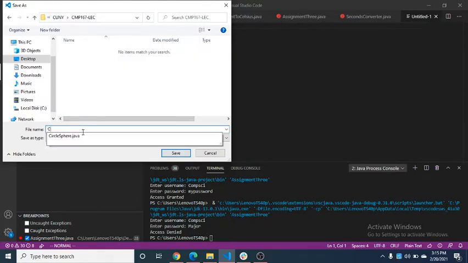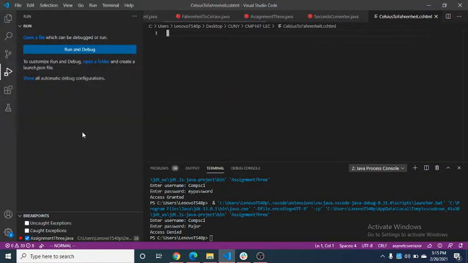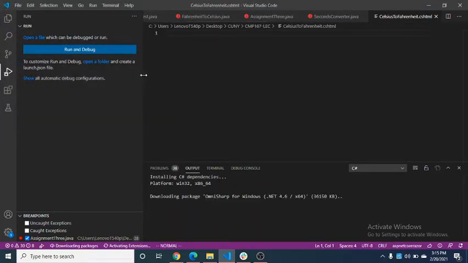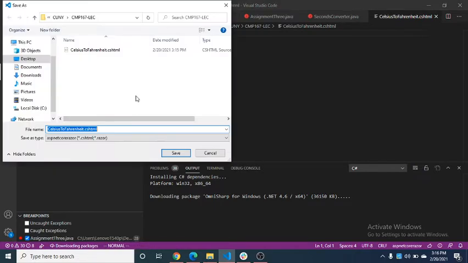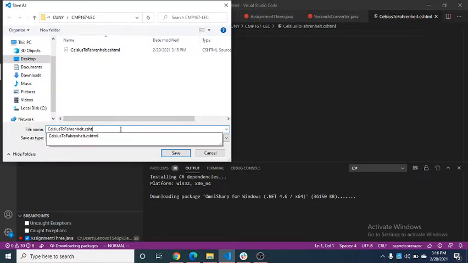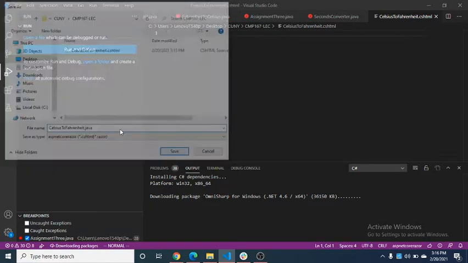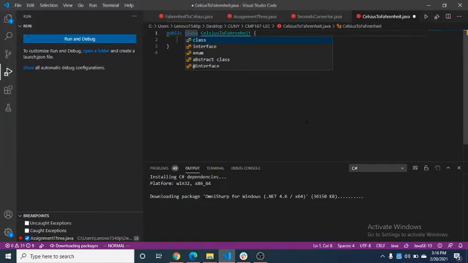Celsius to Fahrenheit. Whoops, that was a mistake. Forgot to put .java. Okay, good. Celsius to Fahrenheit.